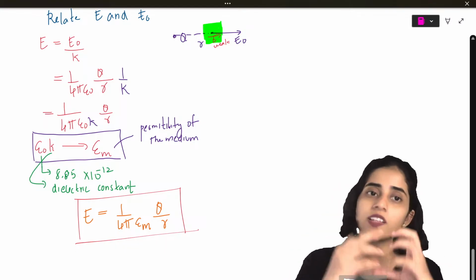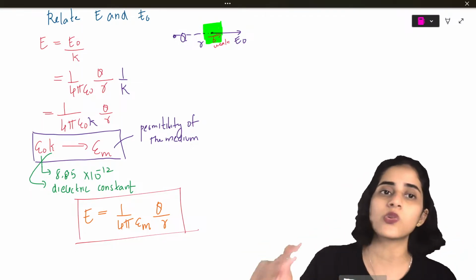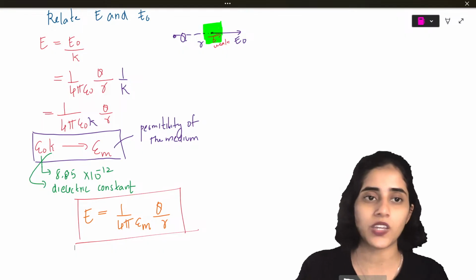Whenever there's a dielectric, what is actually happening to the electric field? The electric field reduces by a factor K. You can see that.